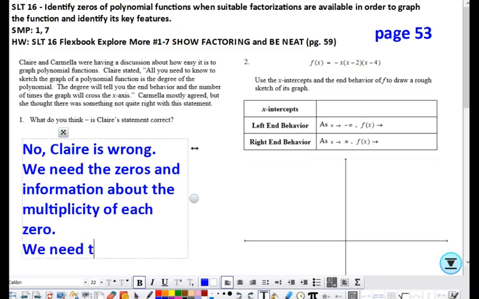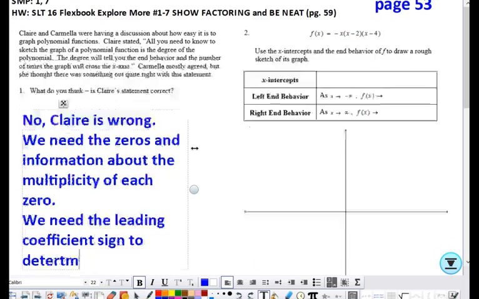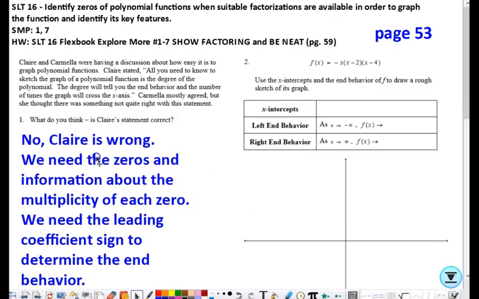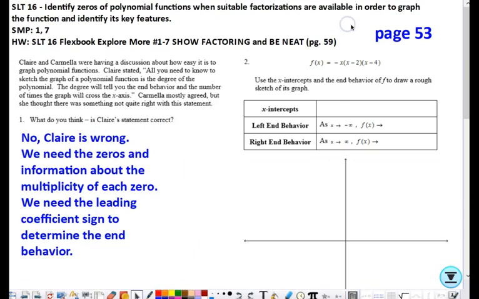We also need the leading coefficient sign to determine the end behavior. So whatever you wrote down, update it to that. And now we're going to graph some more.